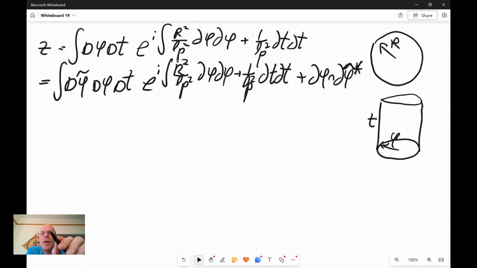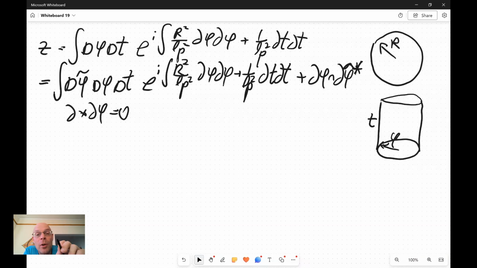Now, I didn't modify the theory. The reason is that if we write the equation of motion for phi tilde, then we see that what we get is d star d phi is 0, and this is automatically satisfied.